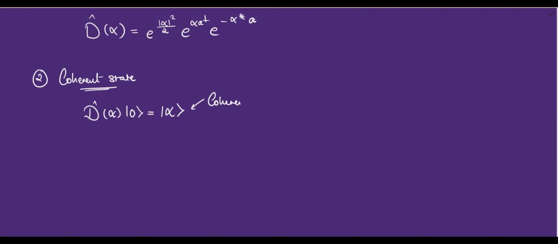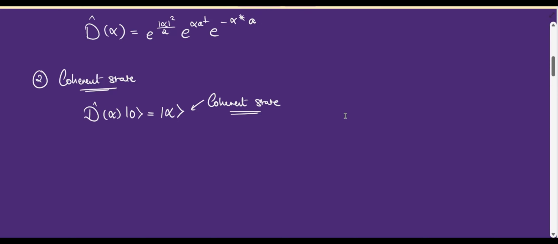This is the definition of a coherent state. So a coherent state is a state which is derived by applying a displacement operator on a single mode or multi-mode vacuum state. So this is how a coherent state is defined.